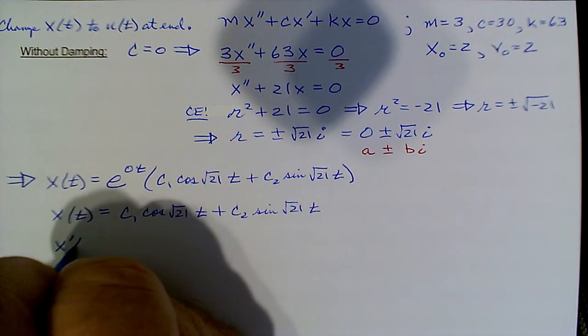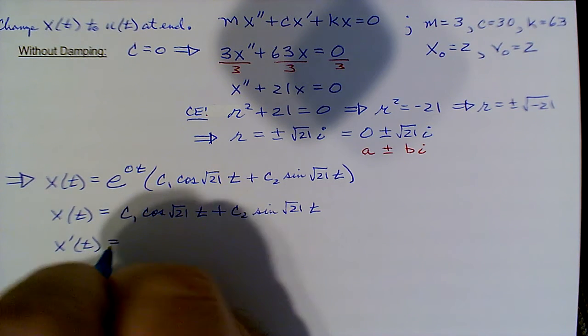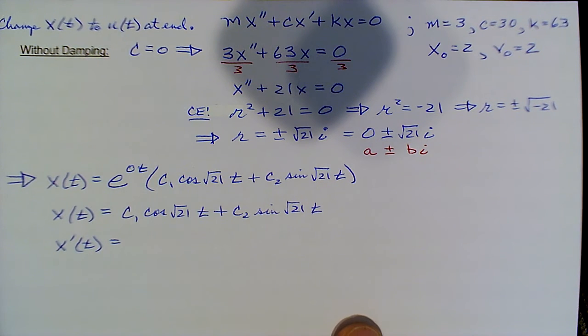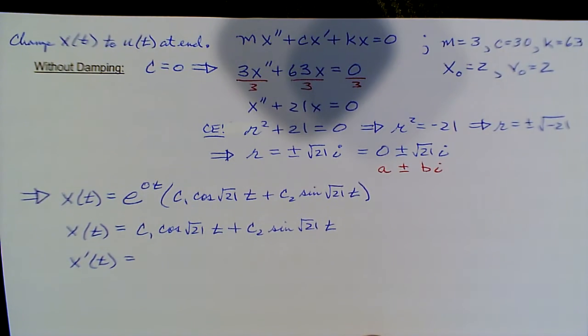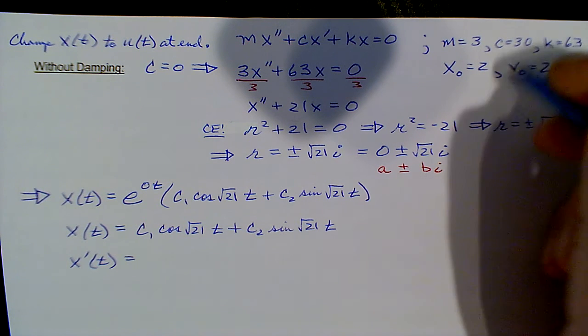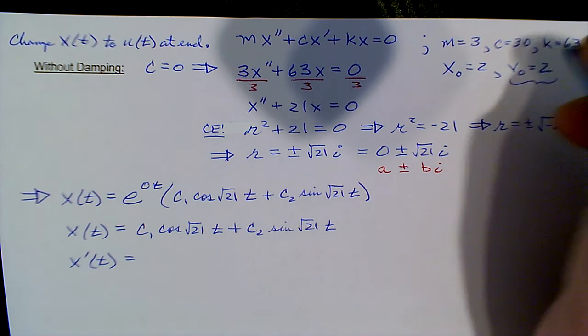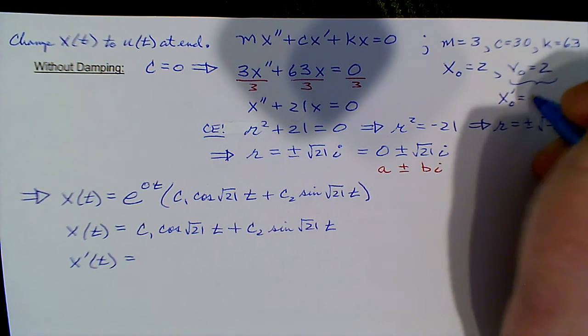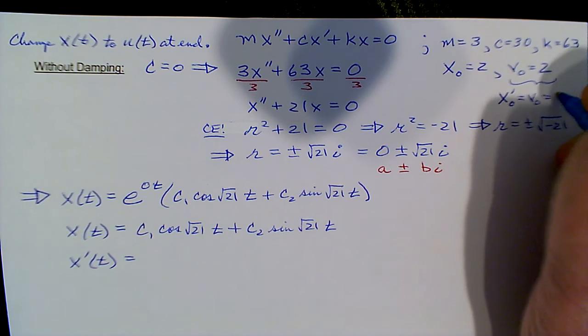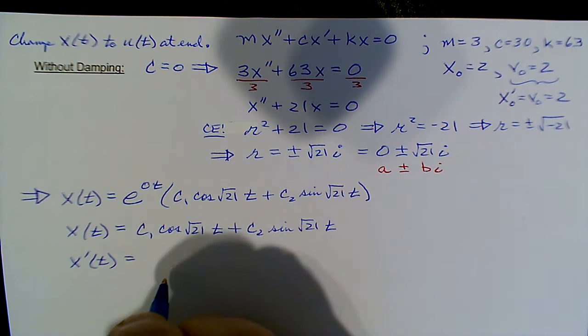And I didn't do this in the first one, but it's advantageous at this point to calculate the first derivative, because we're going to want to use the initial conditions, and that involves the first derivative, because remember, velocity x prime of 0 is the same as v sub 0, which in this case is 2.